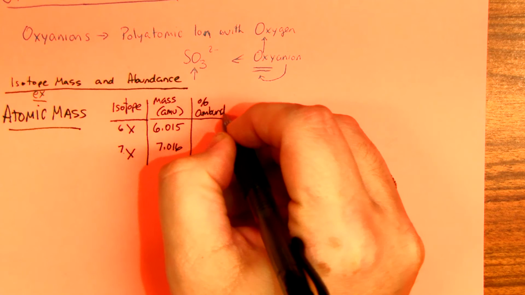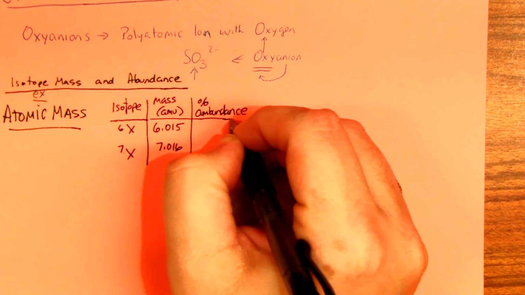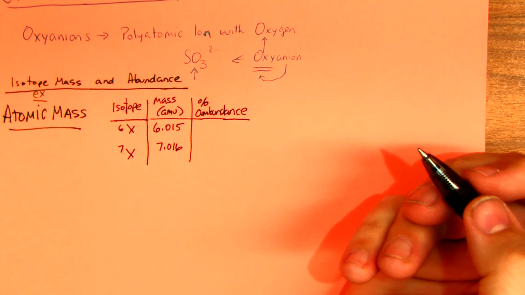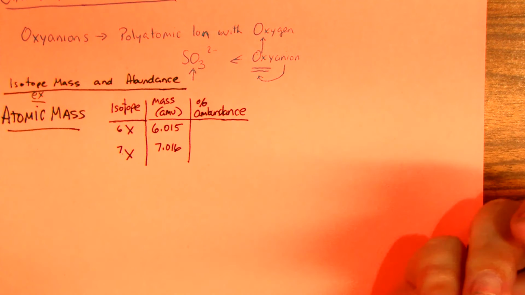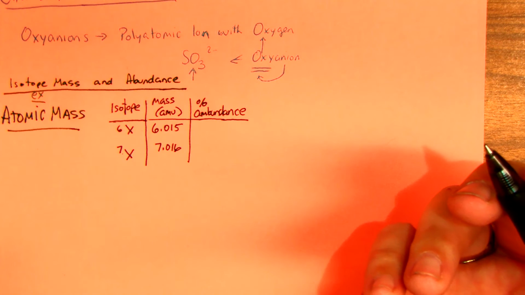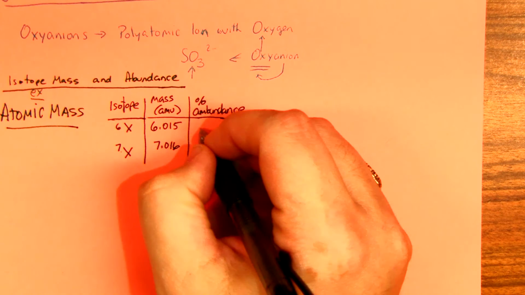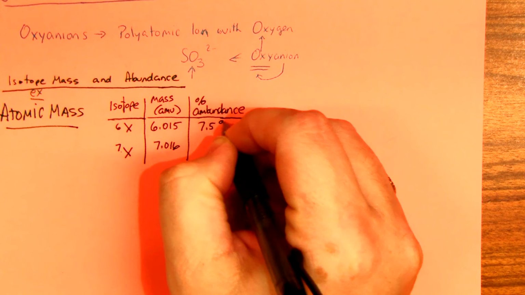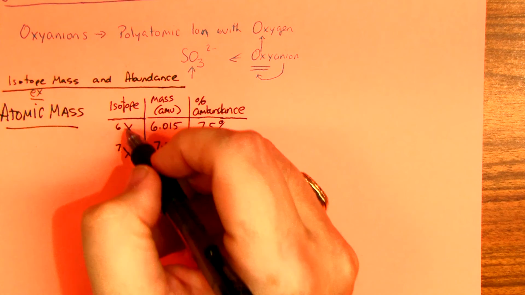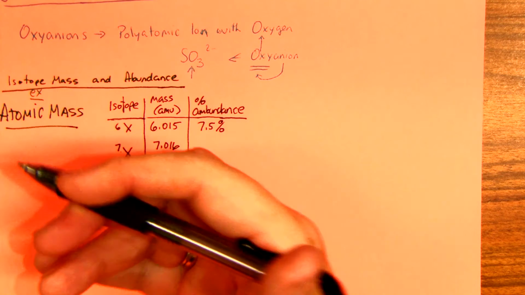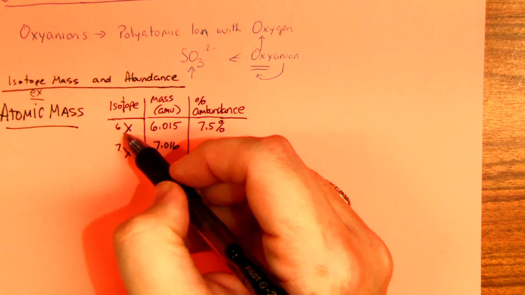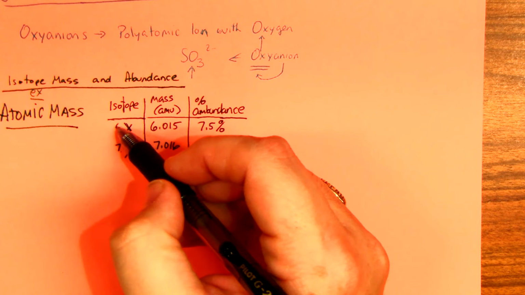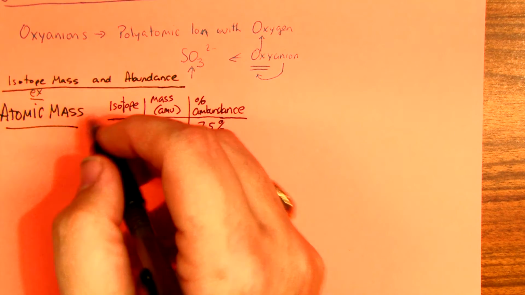Now, do we know what abundance means? Yeah, how much of the isotope do you actually have? And it says there's 7.5% of the first isotope, which is whatever this is, X with 6 up top. That's the first isotope, and then 92.5%.